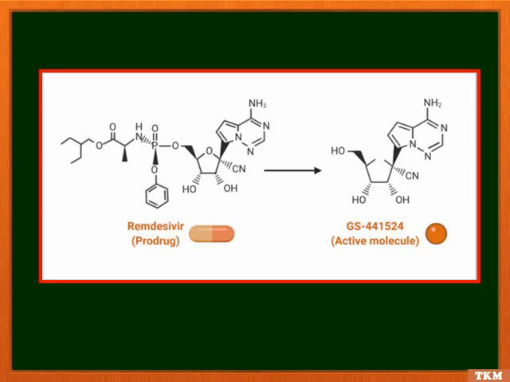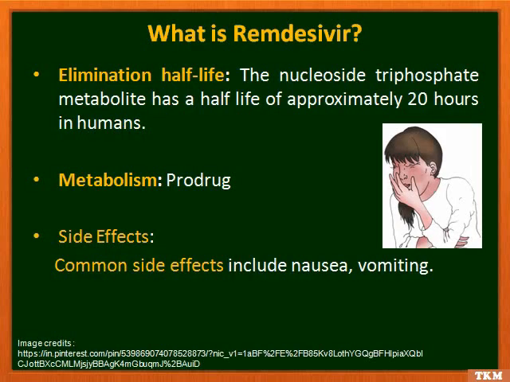You can see in this diagram, this is the prodrug Remdesivir. Outside the body it is inactive. The moment it reaches inside the body, it gets converted into the active molecule called GS441524. Elimination half-life: the nucleoside triphosphate metabolite has a half-life of approximately 20 hours in humans.